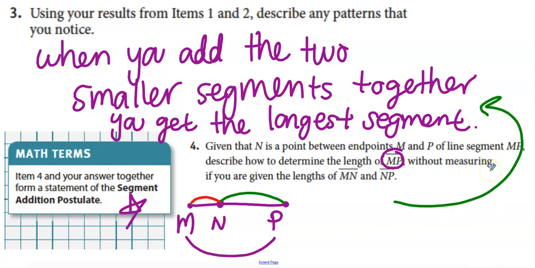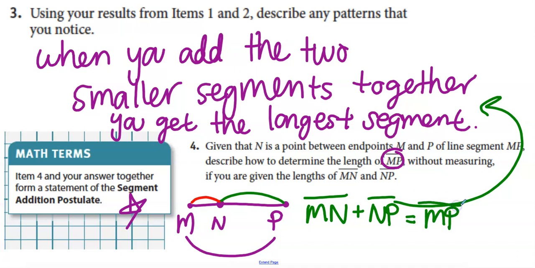So let's go ahead and write a formal definition for the segment addition postulate. So it's going to be MN, that first segment, plus NP, my second segment, is going to equal my whole, which is MP. And remember, I only need 2 letters to name segments, so I don't need to name it MNP.